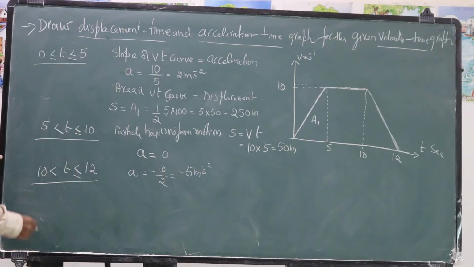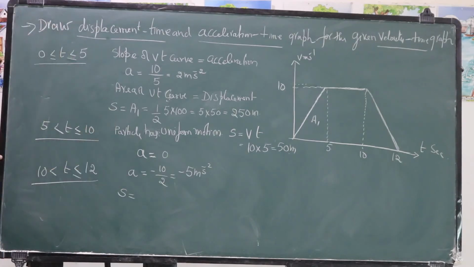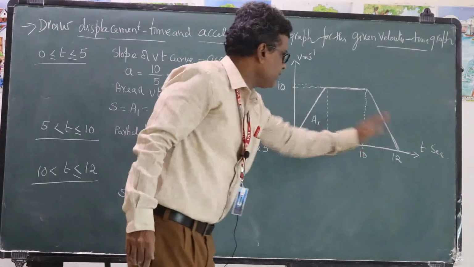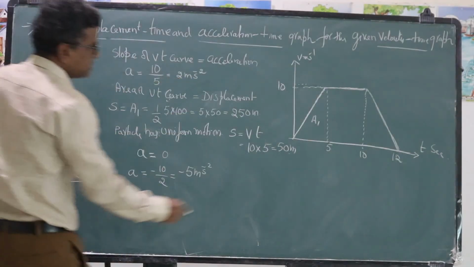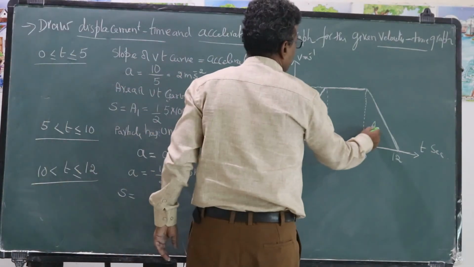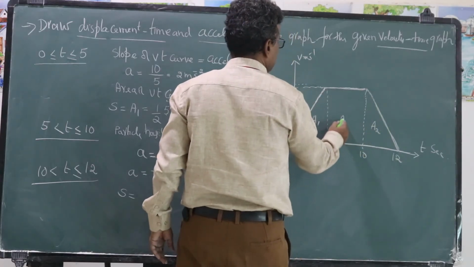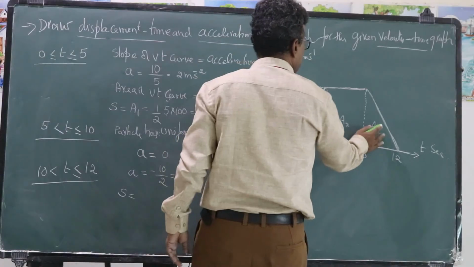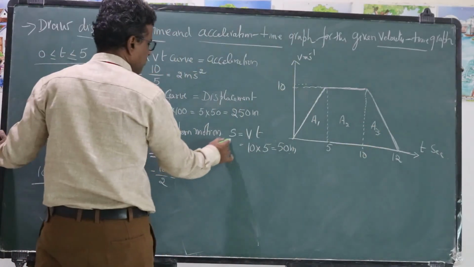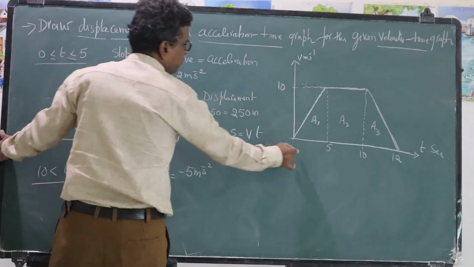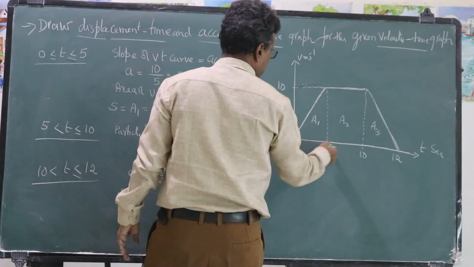The next one: I want displacement s during these 2 seconds. So I am applying area. This area we can write as A2, or this is A3. What is A2 here? A2 is 50, or we can write the area of this as 10 into 5, 50.